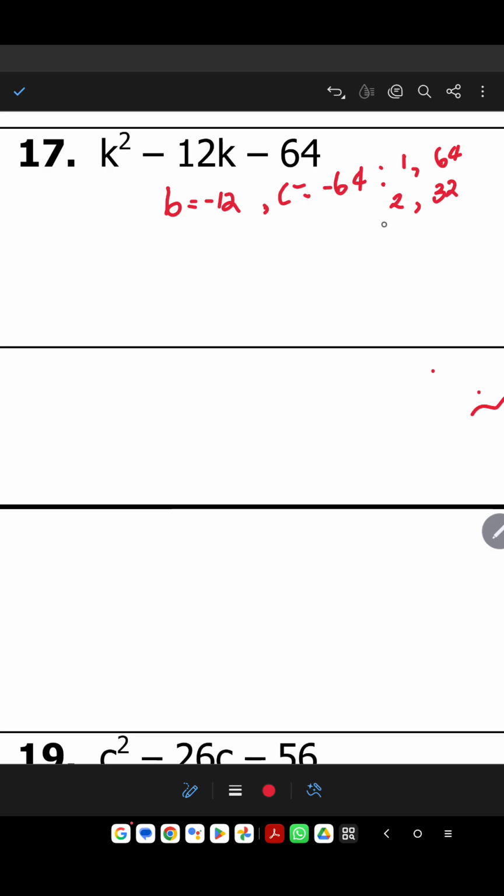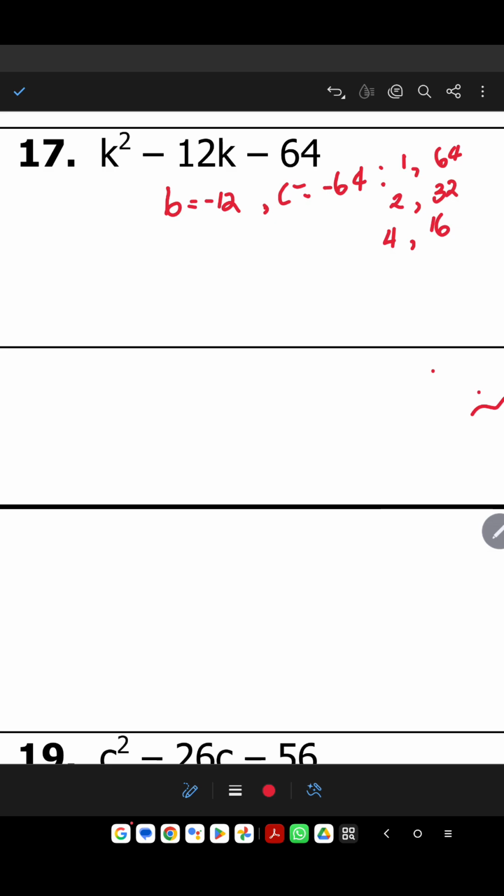All right. We have 4 and 16. And guess what? We're just going to use these 3 pairs for now. Now, in order to decide which of the factors, which of the pair must be negative, we need to look at the outcome of B. Because when you're adding a negative and a positive, the larger numeral determines the sign of the outcome.